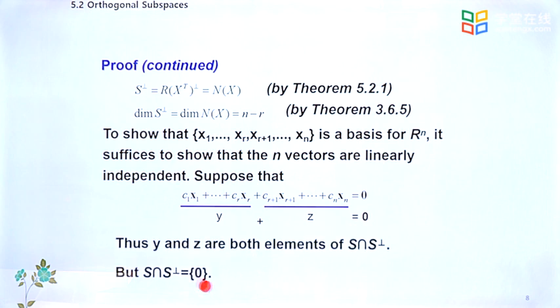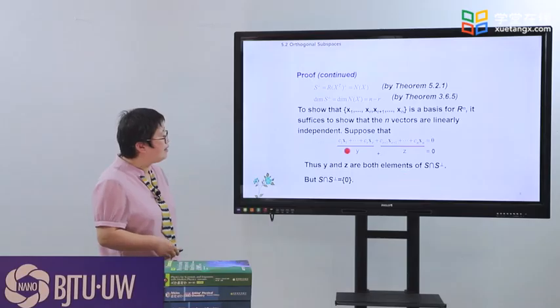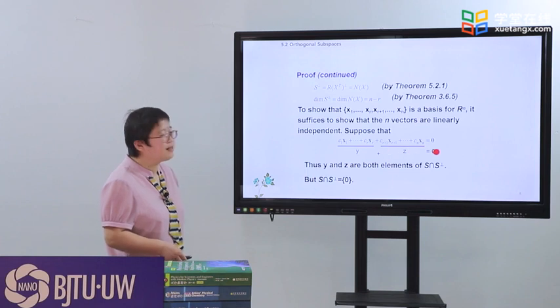And this means y and z are both elements in S intersect S orthogonal complement, because S is a subspace spanned by x1 till xr, right? So this means y is in S, and z belongs to S orthogonal complement, because xr plus 1 till xn is a basis for the S orthogonal complement. And then y equals minus z.